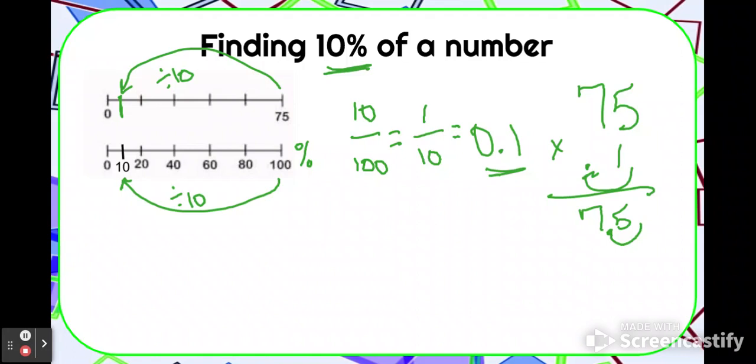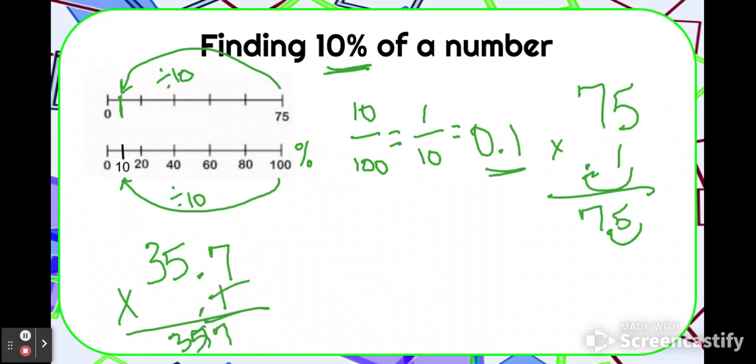Does that strategy work every time? Is finding 10% of a number simply a matter of adjusting that place value? I could walk through all of these steps again, or we can just practice. If I have 35 and 7/10, and I want to find 1/10 of that, I know my number, 1 times 35.7 is going to give me 35 and 7, but now I have 2 place values after the decimal point.